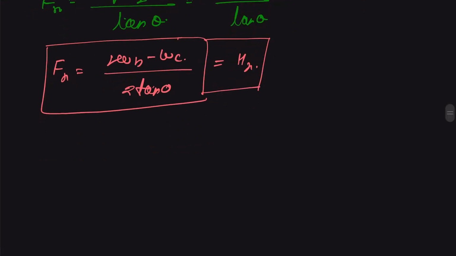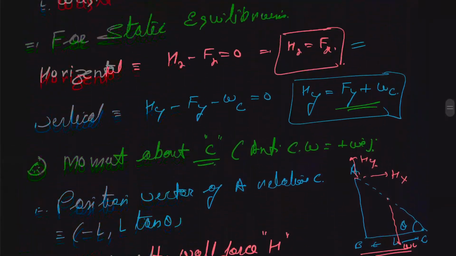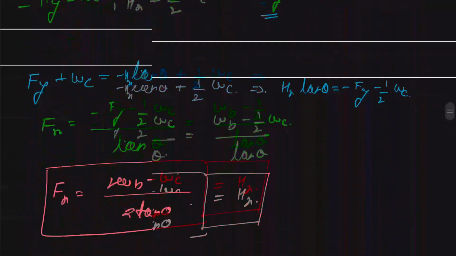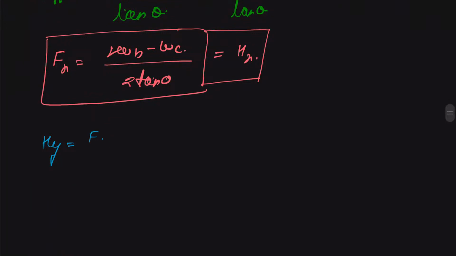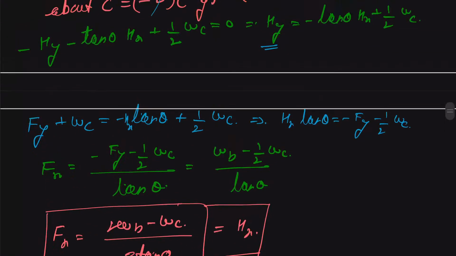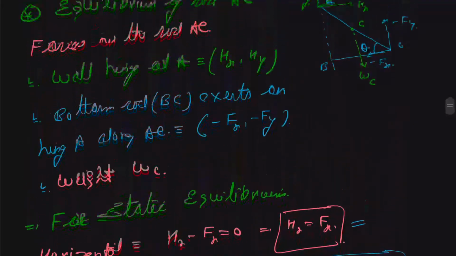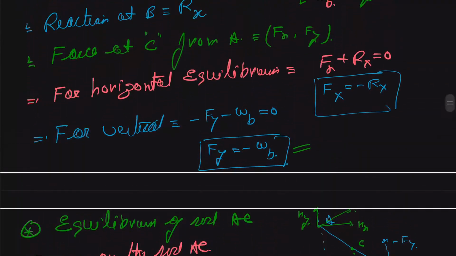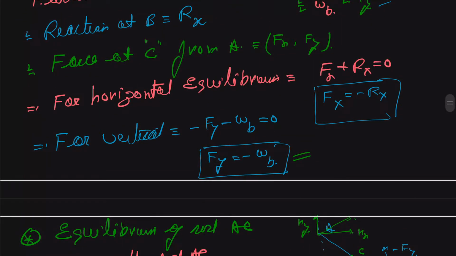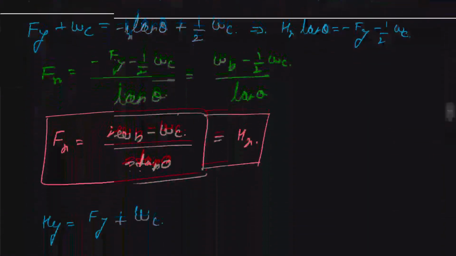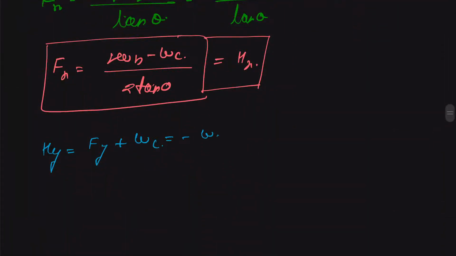And we know that our H of Y is our F of Y plus W of C. F of Y plus W of C. And F of Y is our minus W of B, so we can write this as our minus W of B plus W of C. Okay.